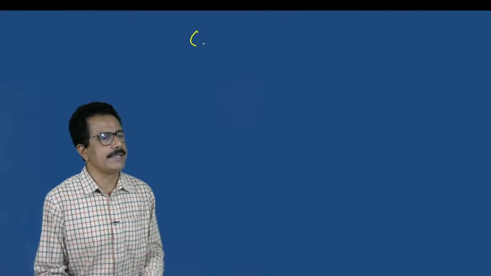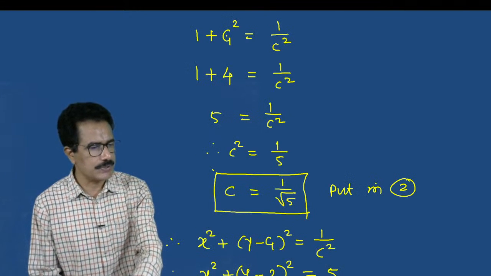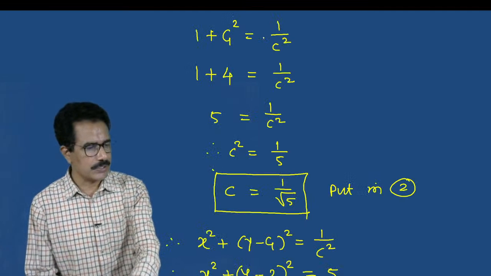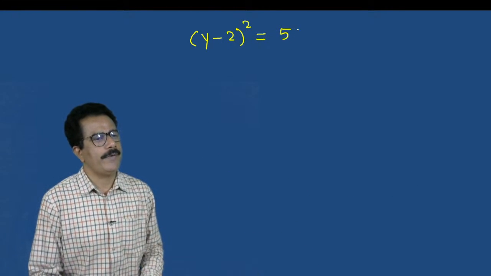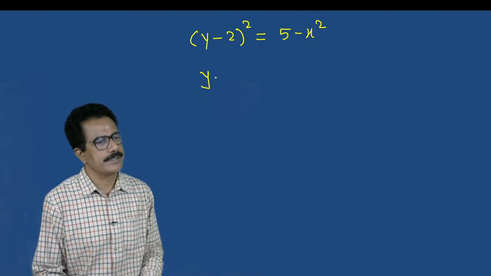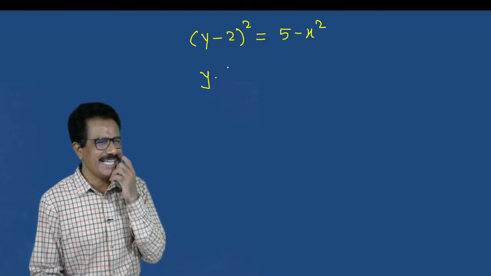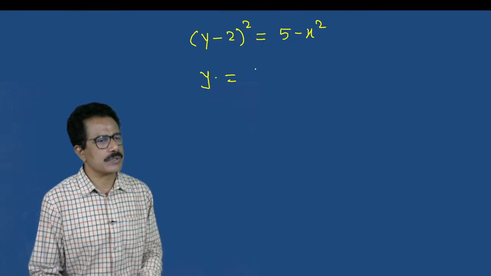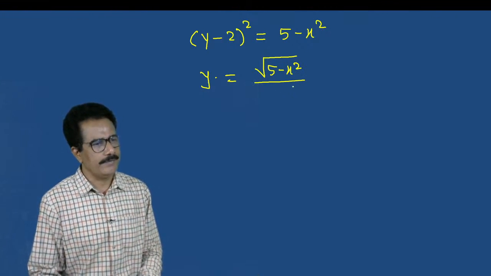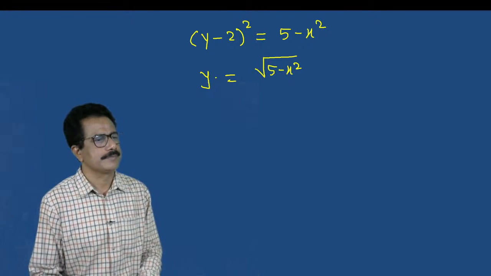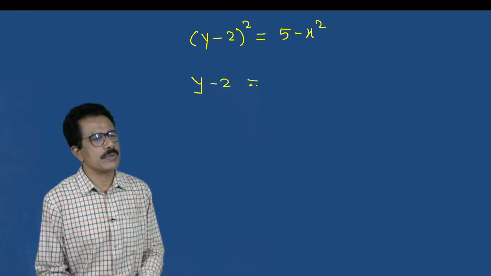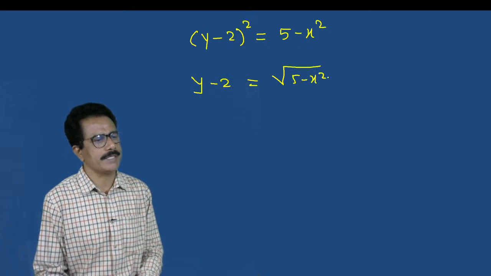So we can write (y minus 2) whole square is equals to 5 minus x square. Take the square root. y minus 2 is equals to root of 5 minus x square.